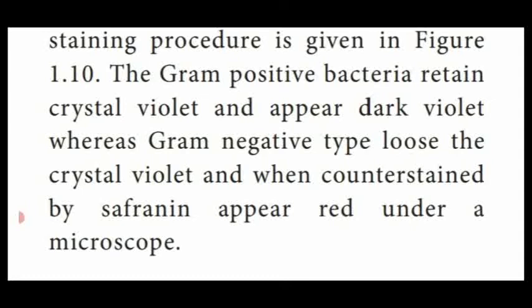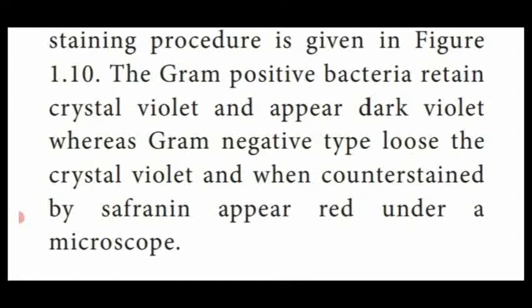That means gram-positive bacteria always retain their original color, that is crystal violet color, and also appear dark violet. But gram-negative bacteria lose their crystal violet. When we add safranin, it changes to red color under the microscope. That is the difference between gram-positive and gram-negative.